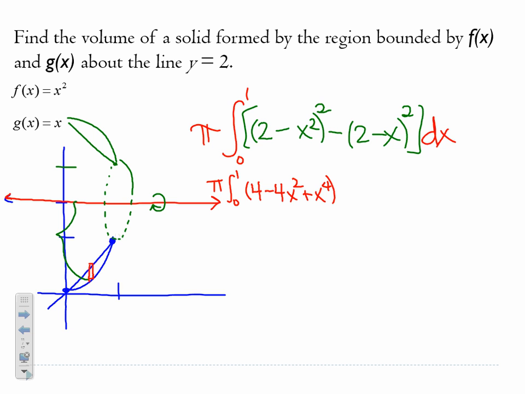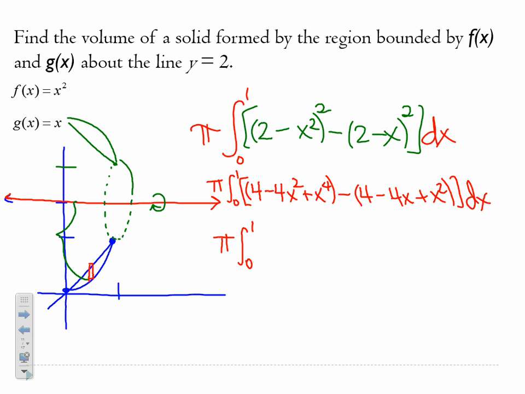I just always put the x's up front. That's fine. And then this one would be the same thing, but the powers are lower. It's just 4 minus 4x plus x squared, and then if you want to, you can go plus.